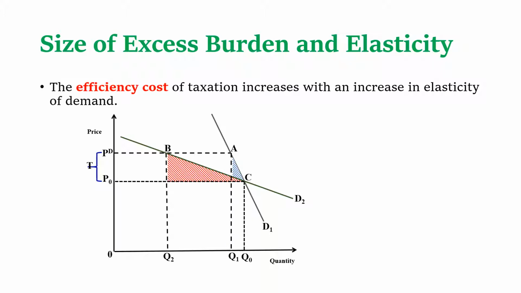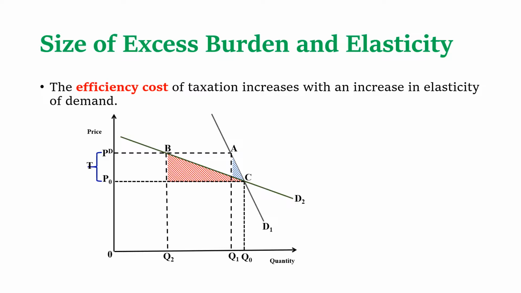Because output is going to fall by a big amount because of the tax, the excess burden, the efficiency cost of taxation here, is higher relative to the efficiency cost at D1. Now at D1, the tax results in an increase in price to PD, and the quantity hardly changes, right?